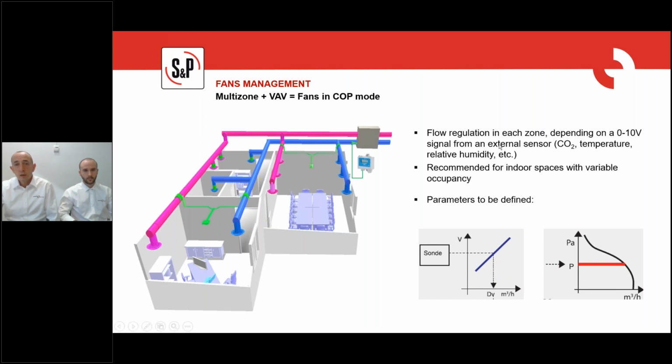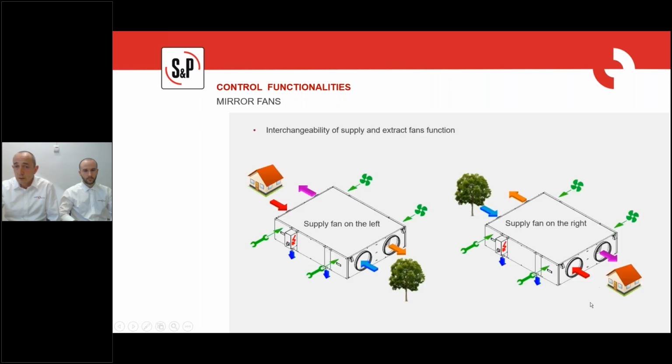Okay. Well, this is related to the control system. We will also see one of the powerful functionalities of CAD Compact Advanced. The Advanced Controller allows to interchange the supply and extract fans functionality. We saw that in the previous webinar, and in this case, we are going to see how to do this configuration.